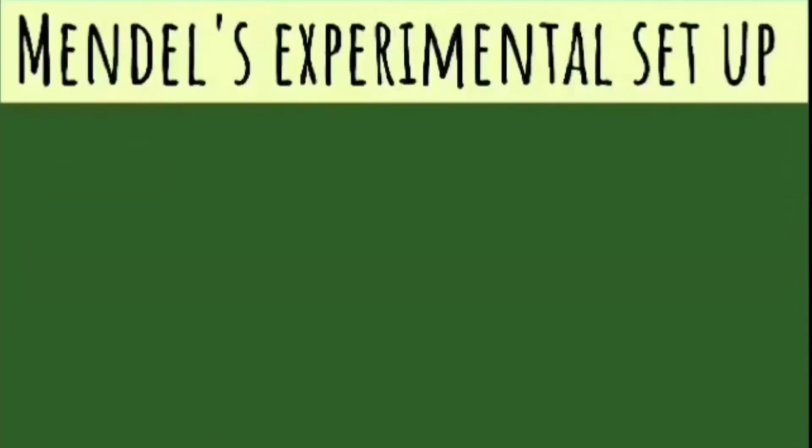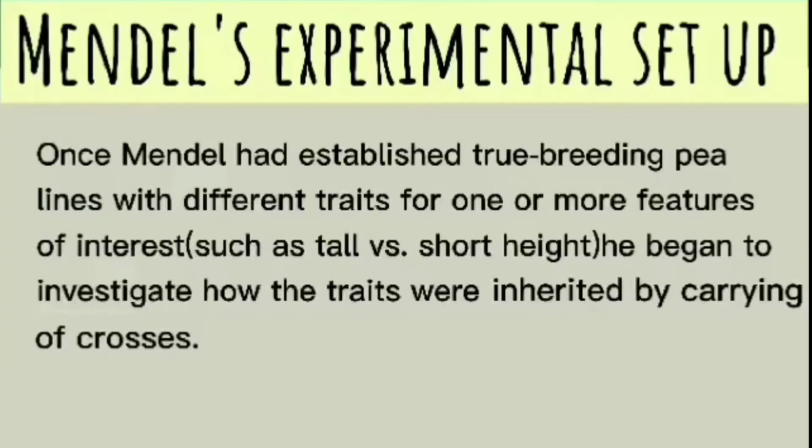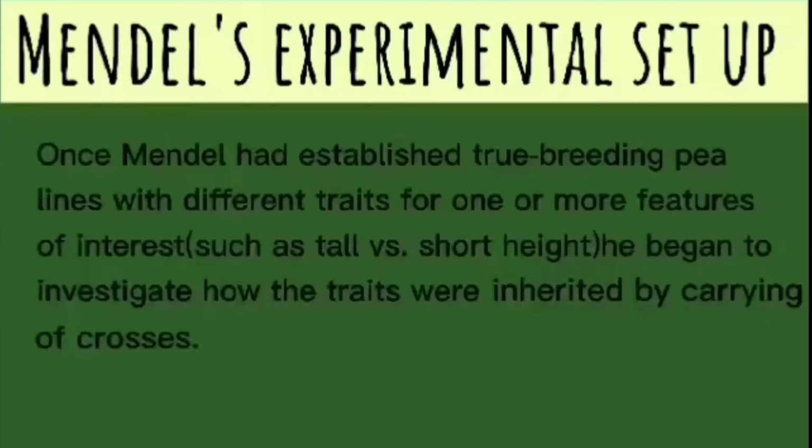Mendel's experimental setup. Once Mendel had established true breeding pea lines with different traits for one or more features of interest, such as tall versus short height, he began to investigate how the traits were inherited by carrying out a series of crosses.